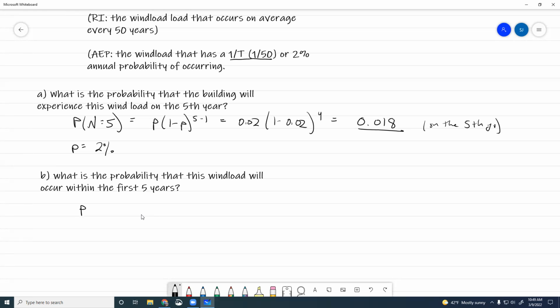Take a minute to think about this. So probably N is within the first 5 years, so less than or equal to 5. Because this is an inequality and it's less than or equal to, we know we're using a cumulative distribution function, so we're going to sum these up, N equal to 1 to 5, of P times (1 minus P) to the N minus 1.